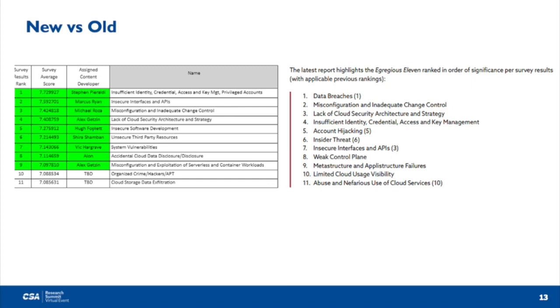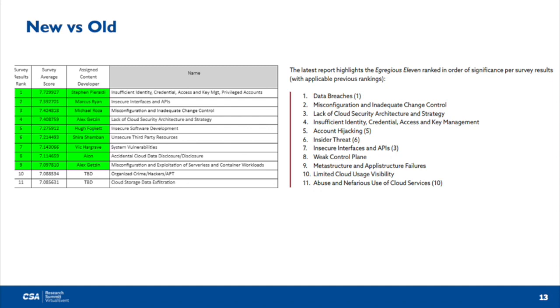And so it's nice to see these results because we understand that people are seeing new things. If it was the same, I would actually be more concerned if everyone was answering the same year to year, because that's not realistic for security. And so the ones that were removed also included limited cloud visibility.